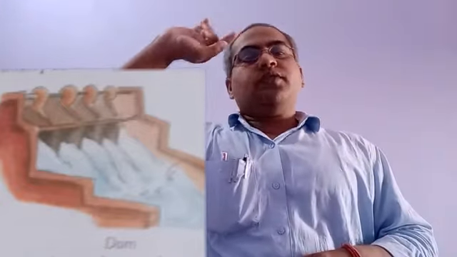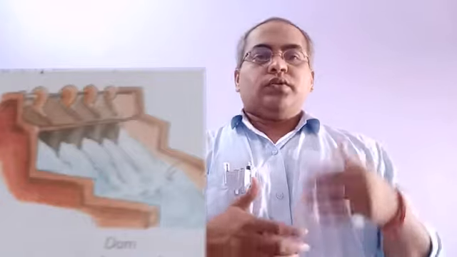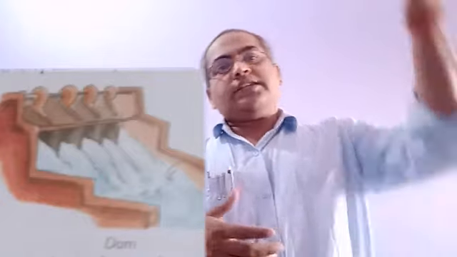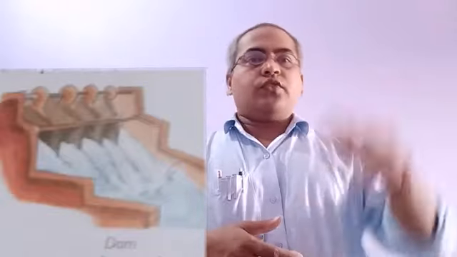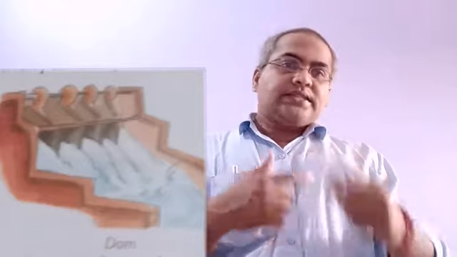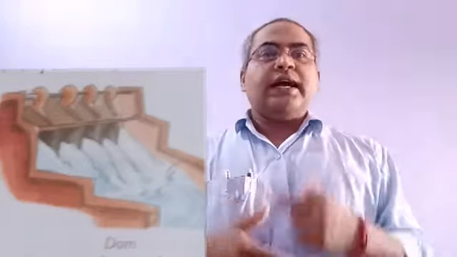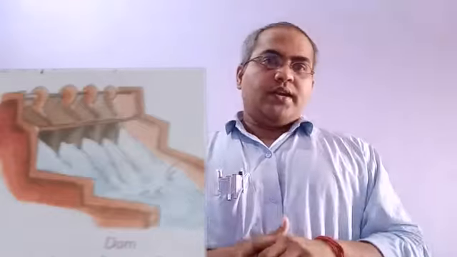At the top of the wall there are doors and windows from where we allow water to fall from a great height with great speed. On the downside there is electrical equipment that starts moving by this kinetic energy of water, and this energy is transformed into electrical energy. These machines are called dynamos.